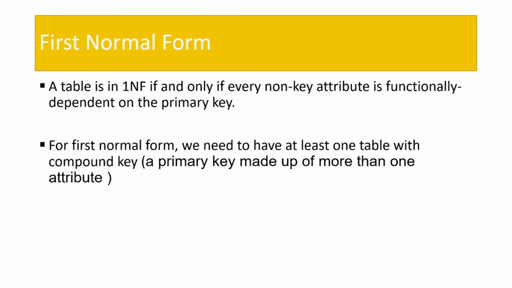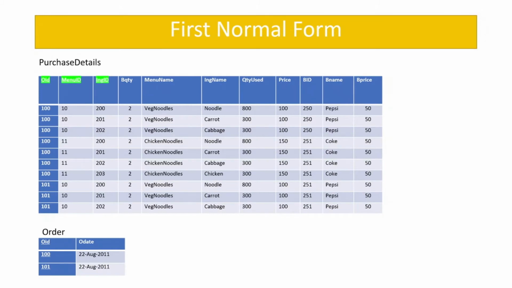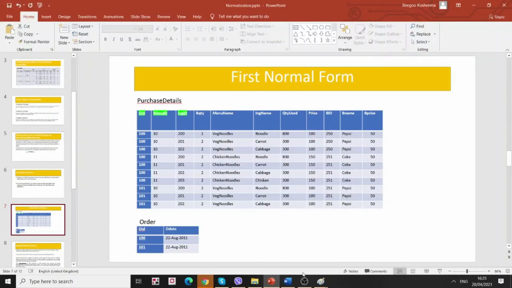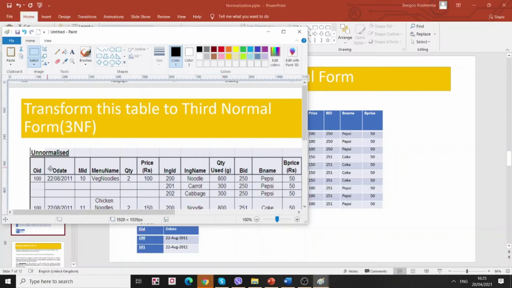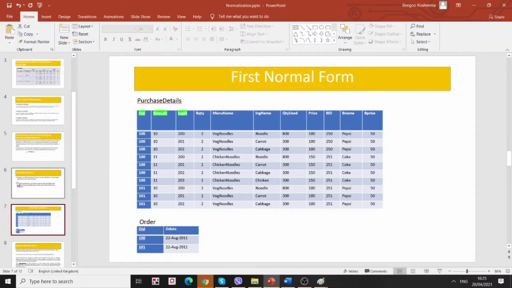For example, let's see the table that we had. We have this table. If order ID, menu ID, and ingredient ID are put together, we can determine uniquely beverage quantity, menu name, ingredient name, quantity used, price, beverage ID, beverage name, and beverage price.